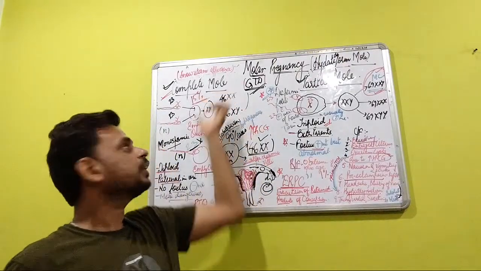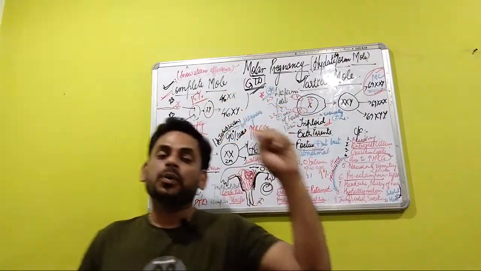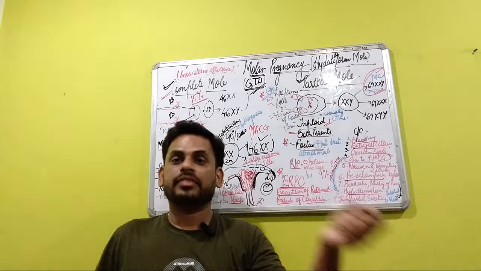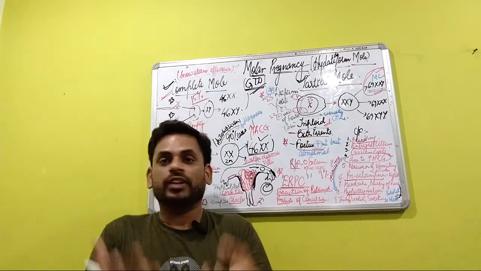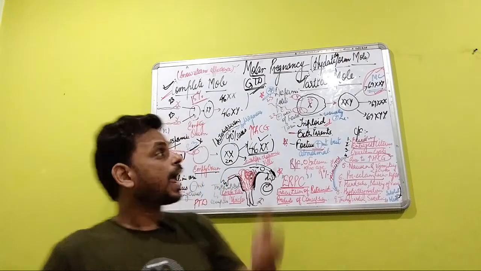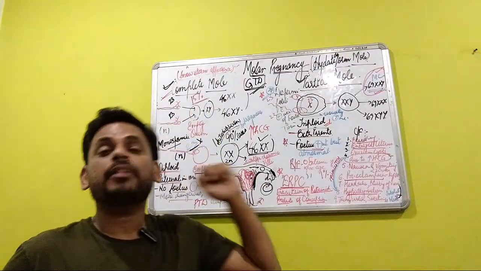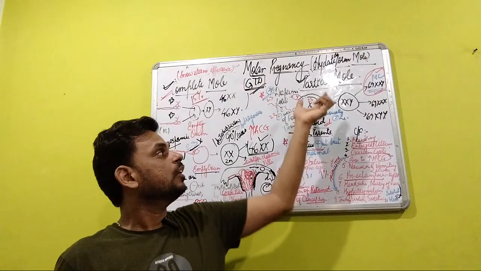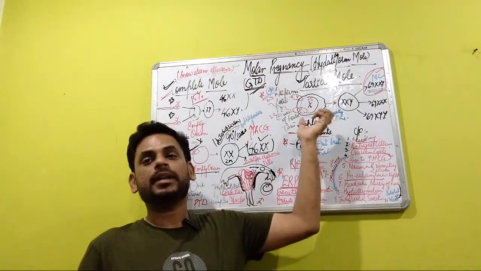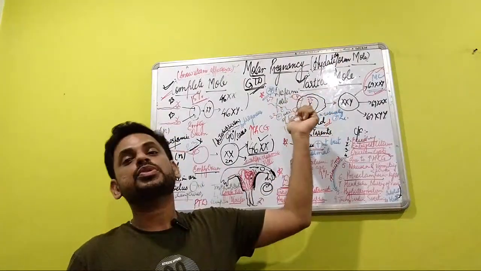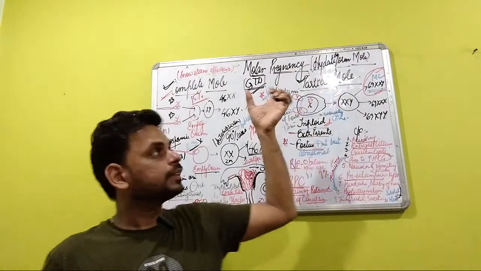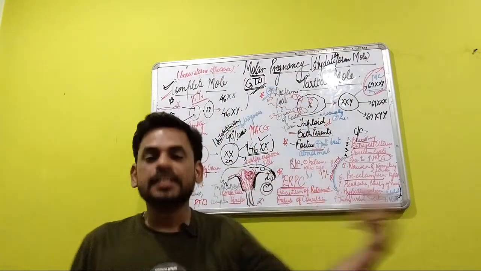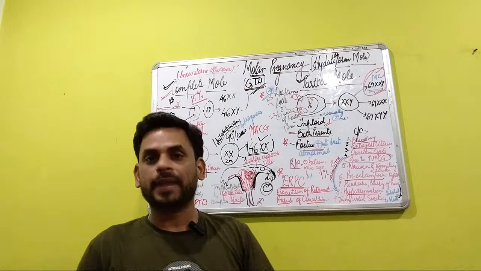So an ovum can be empty, without any genetic material, and a sperm can come and fertilize it. Or there might be cases where an ovum with genetic material gets fused with two sperms. Such a condition leads to molar pregnancy.